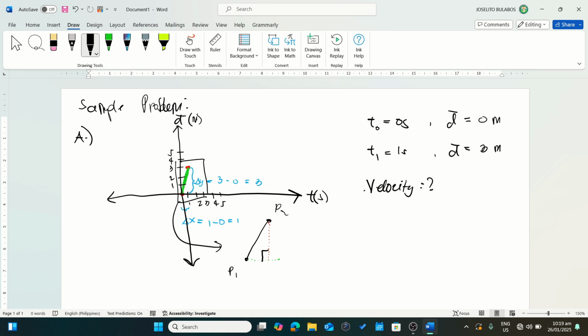Now, to solve for this, because this value is our slope, which is actually the velocity that we are looking for, this would mean that we wanted to know the length of this side and the length of this side.